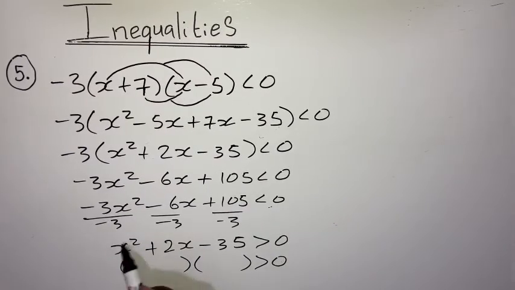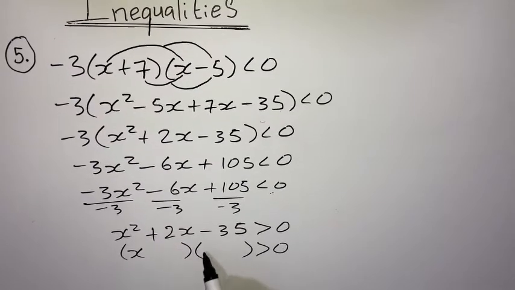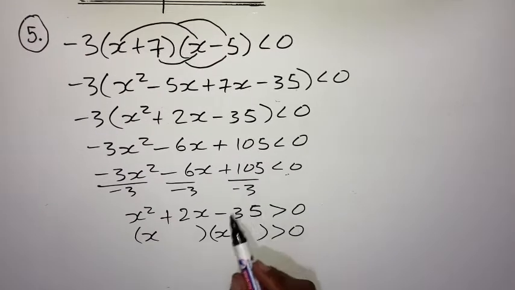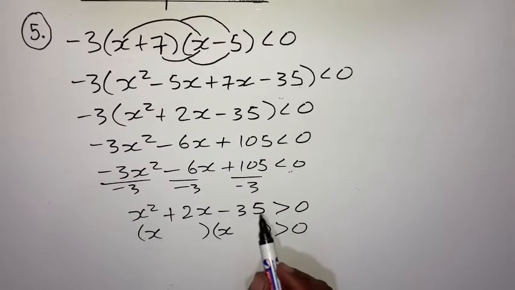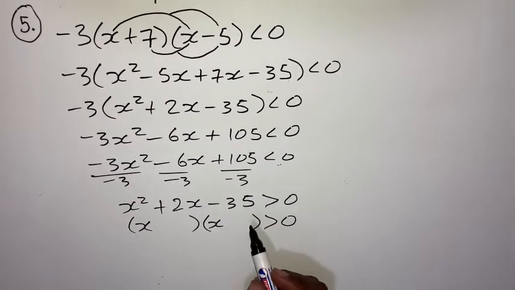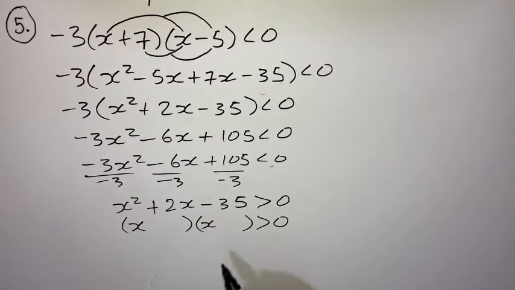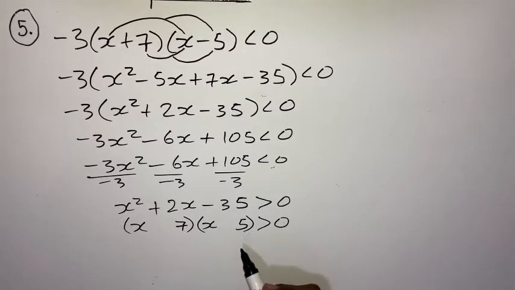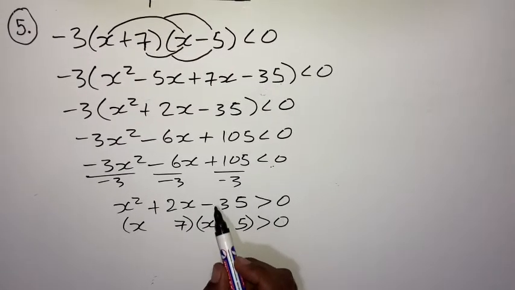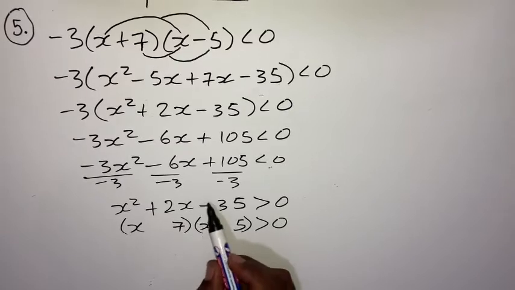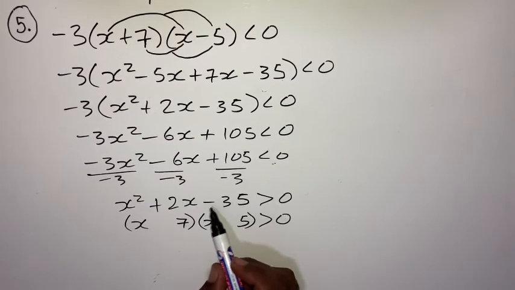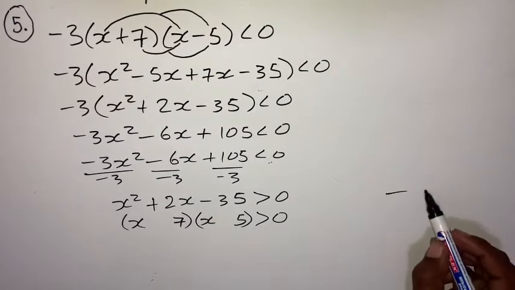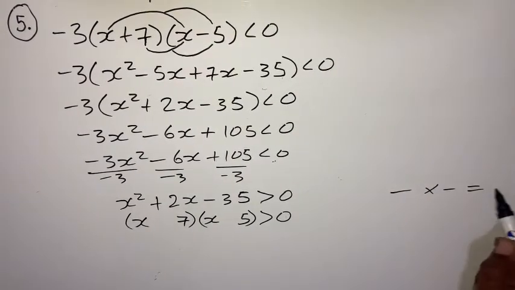Then we focus on our x squared, which is now x and x will give us an x squared. Then we go on to focus on our constant, which is negative 35, of which here you'll multiply a 7 times a 5. Then this is our sign of the constant, which is a negative, of which we'll look into our product rule: a negative times a negative, we get a positive.